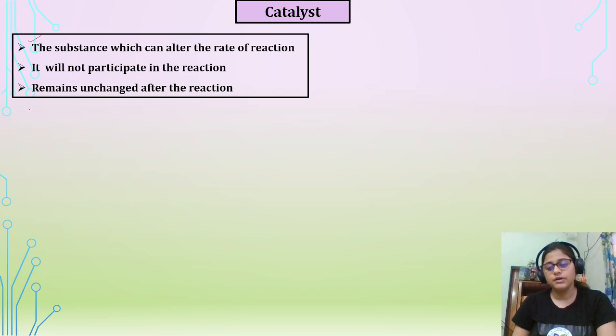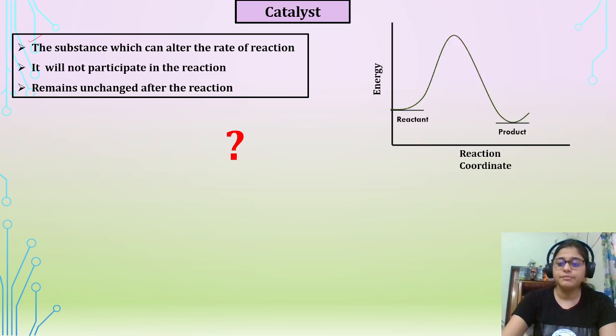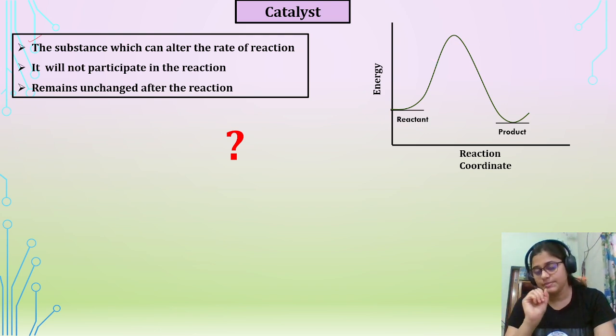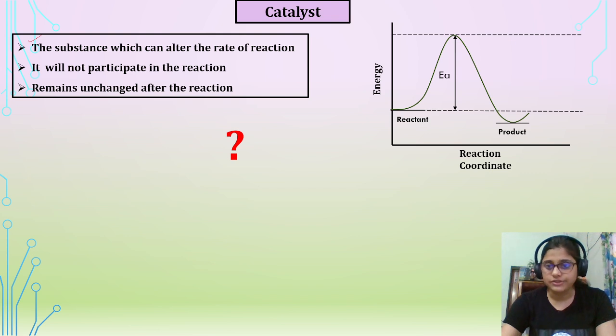So it can alter the rate of reaction, but how? The answer is simple. If this is the energy profile diagram for a reaction for a specific kind of pathway, this is called the activation energy.